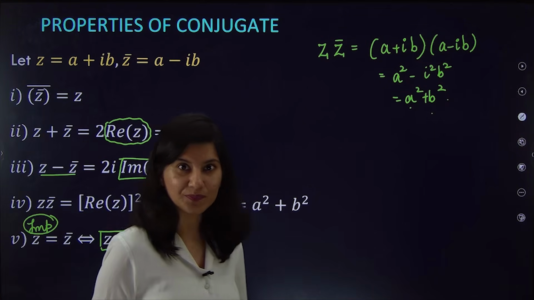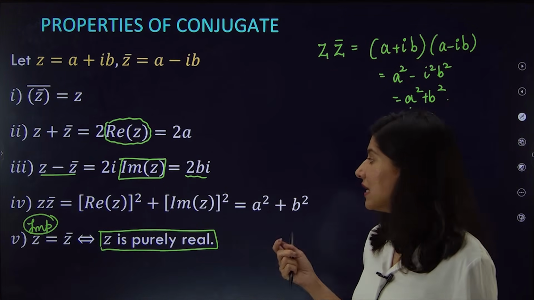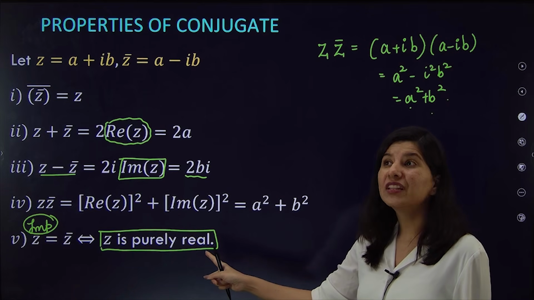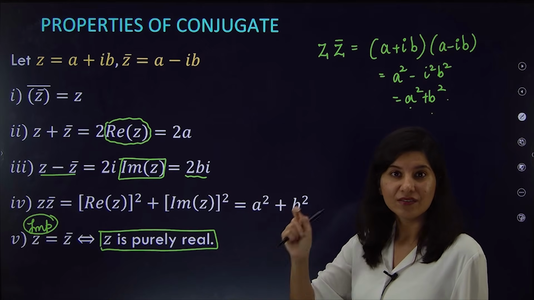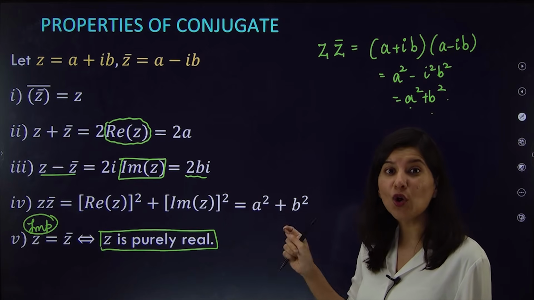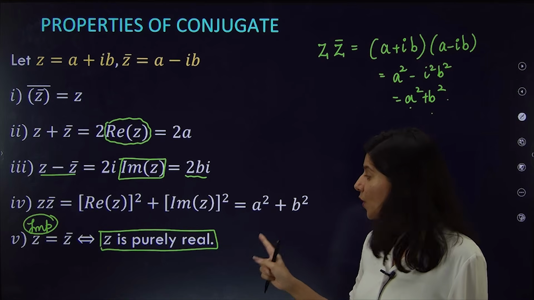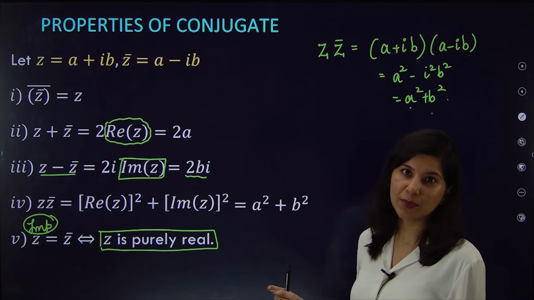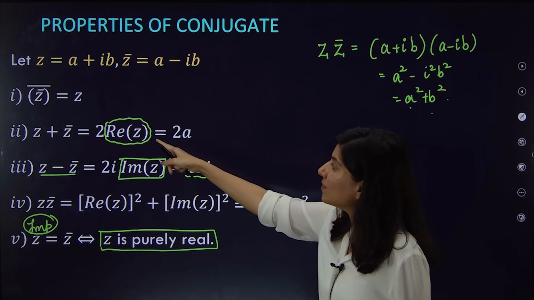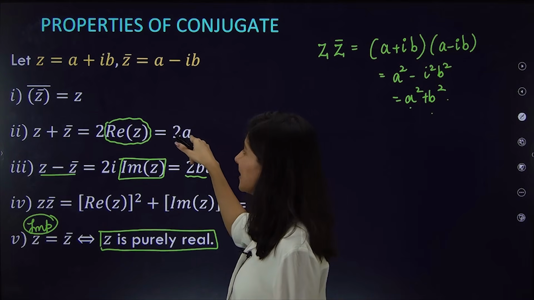So now, the previous question can be done with this method without rationalization. This will help us in saving a lot of time. When a number is purely real, z equals z bar. When a number is purely imaginary, the real part is 0, that means a is 0.